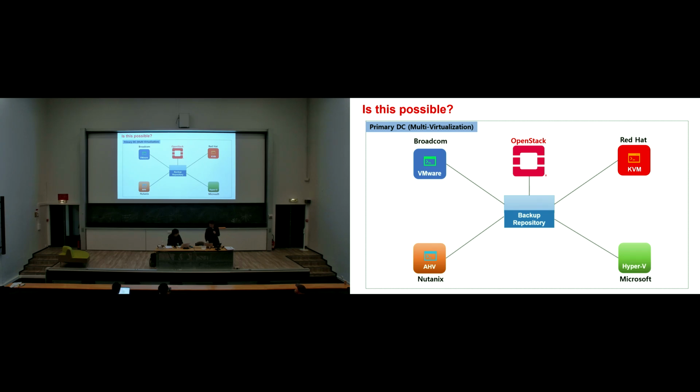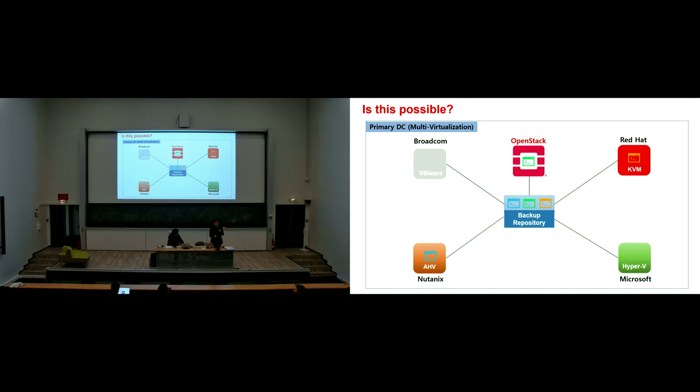And how wonderful it is if you are using a single backup technology and can have cross-migration capability across different hypervisor and cloud platforms. First step is eliminating VMware. Bye-bye, right? Second step is to capture the ZIA backup from OpenStack and Nutanix and Red Hat.